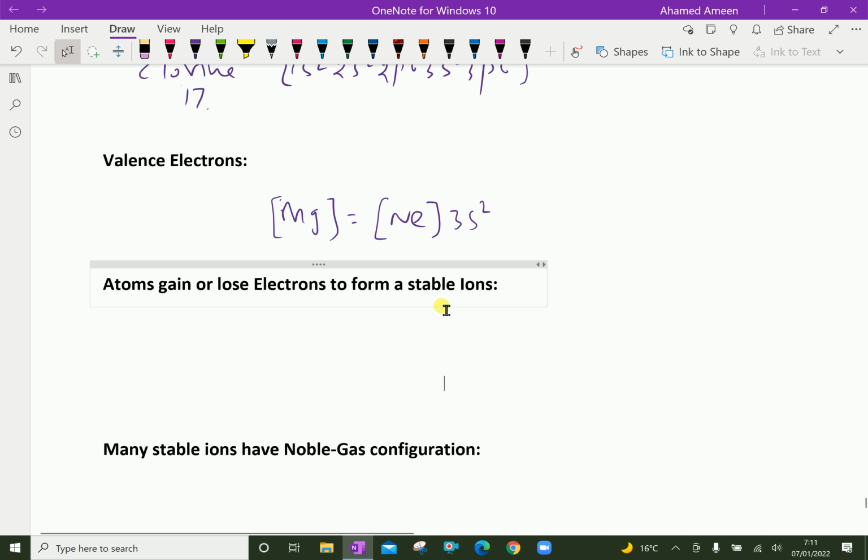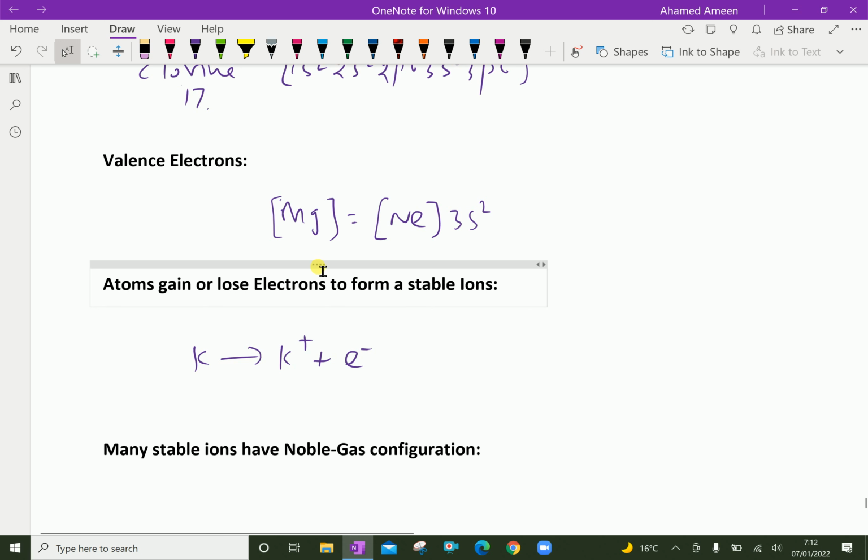Now look here. Suppose a potassium element gives a potassium positive ion by losing 1 electron.